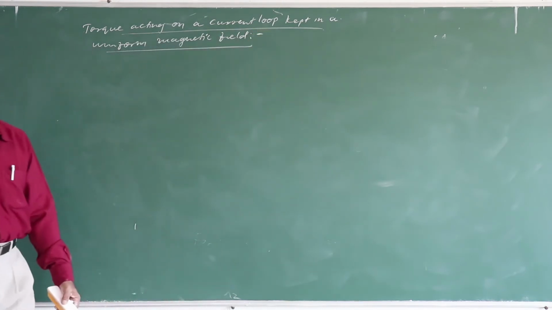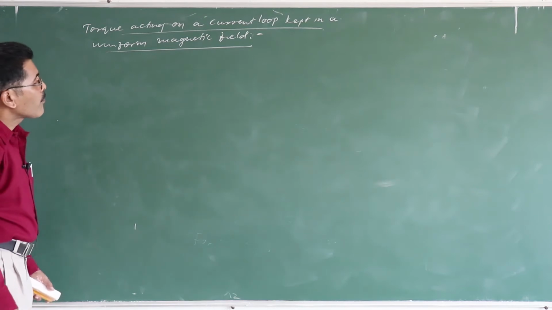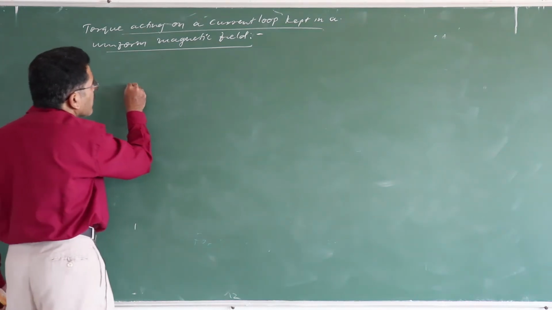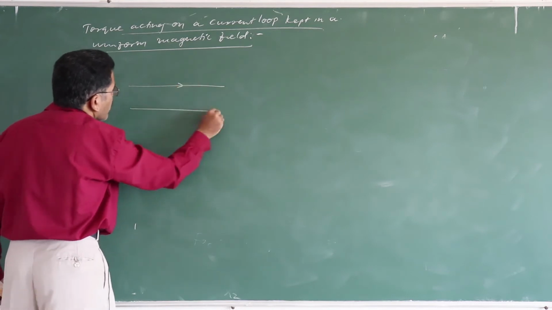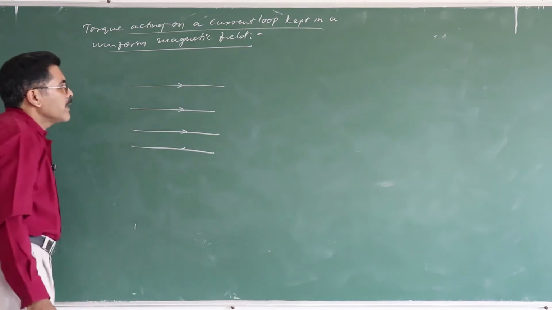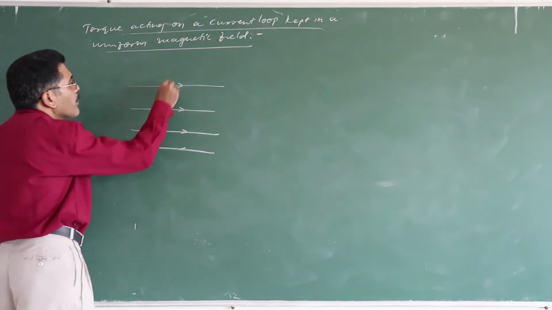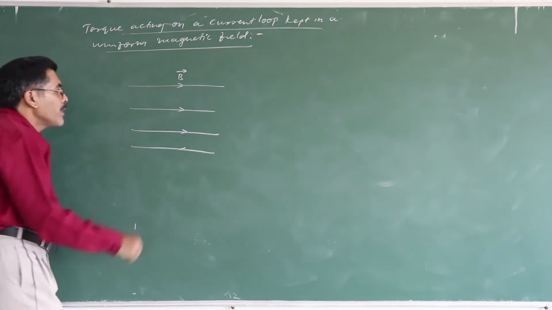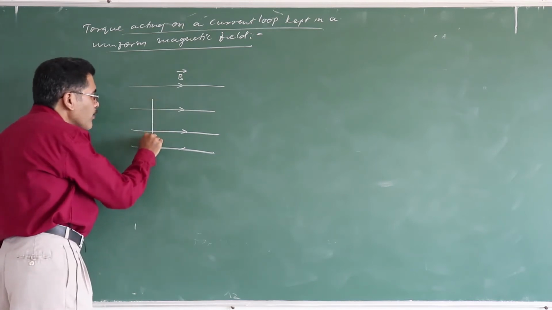So let me consider an external magnetic field, a uniform magnetic field B, in which I am keeping a current carrying loop.